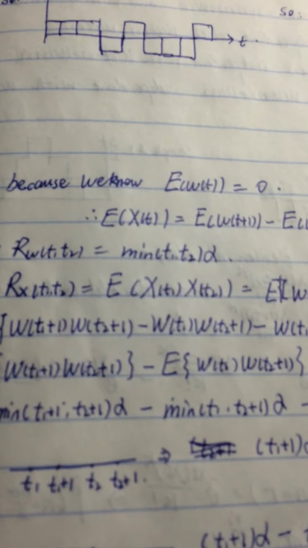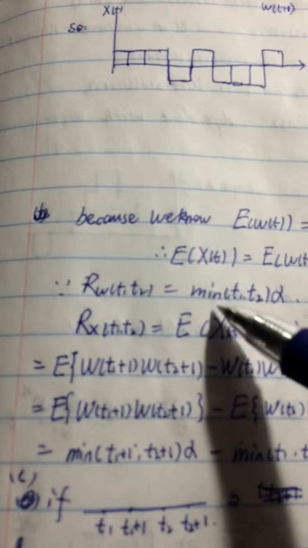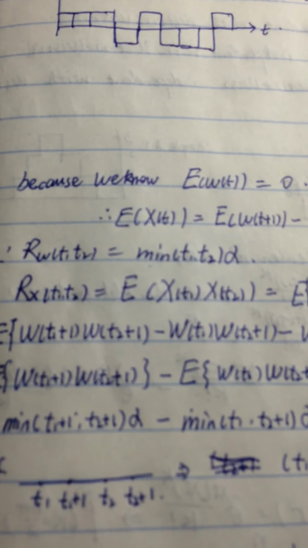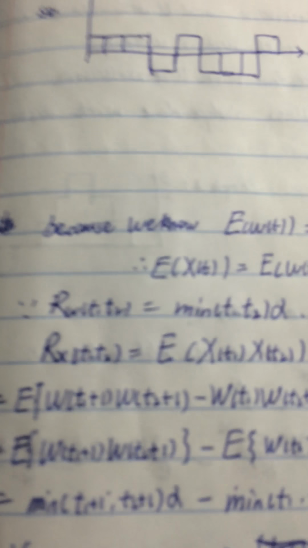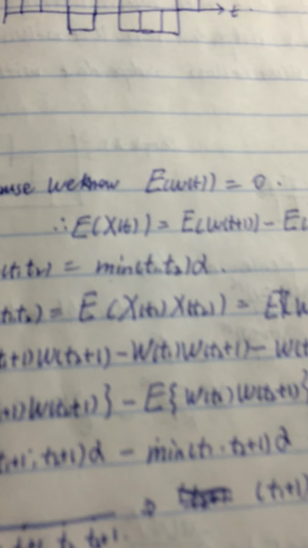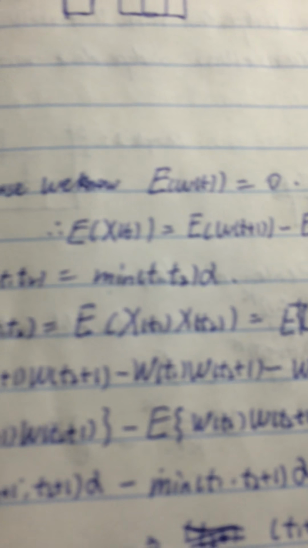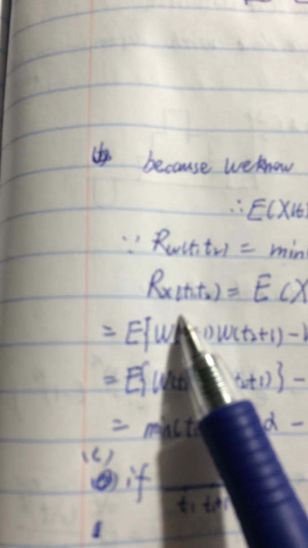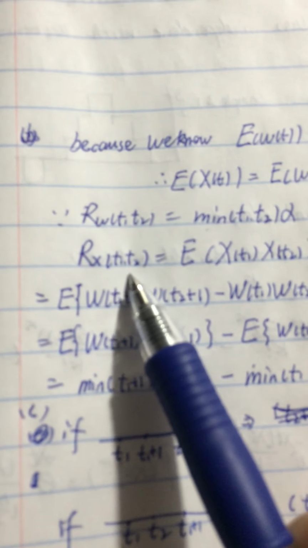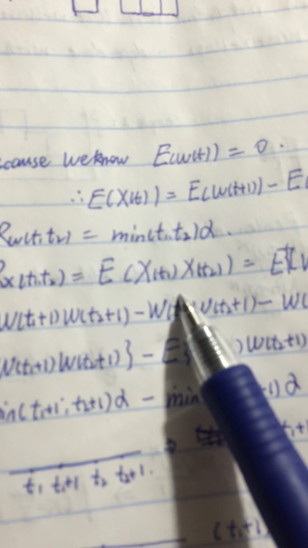It depends on which one is smaller. If t1 is smaller, we choose t1. If t1 is larger, we choose the other one. So we find R_X equals something like that. It's the basic definition of R.